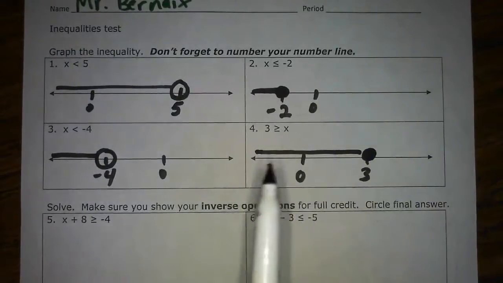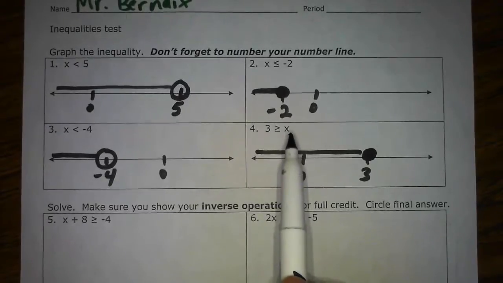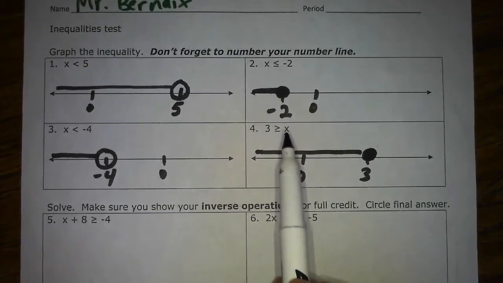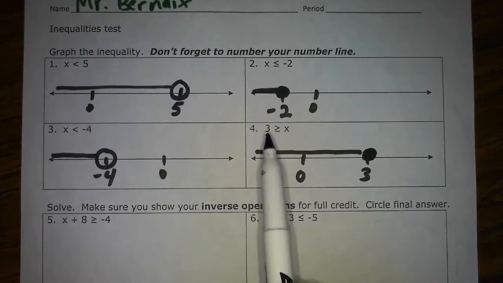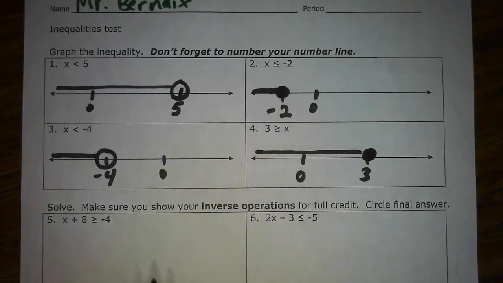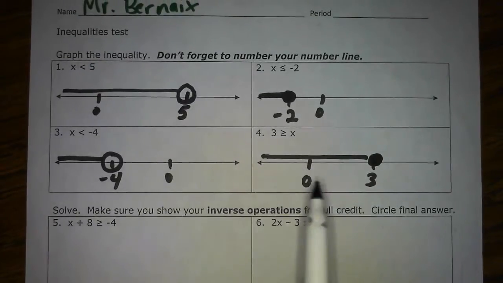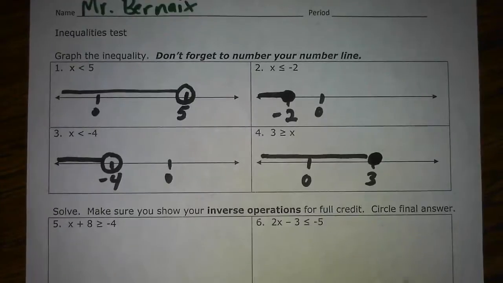And I think maybe the reason why you did that was because the x was on the right side in this problem. But if you look at it, this says x is less than or equal to 3. Another way of saying that is 3 is greater than or equal to x. So you need to shade to the left there because x is less than or equal to 3. And the less than is to the left.